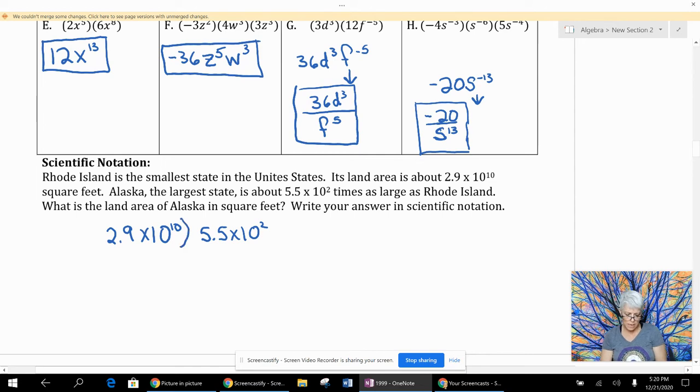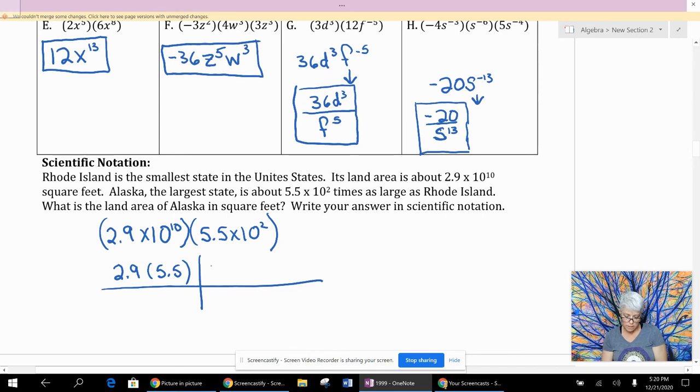We're basically saying I'm going to multiply this times this. So first off, I'm going to pull those numbers out. 2.9 times 5.5. All right, got my numbers together, my like terms. And then if I bring my exponents together, it's 10.